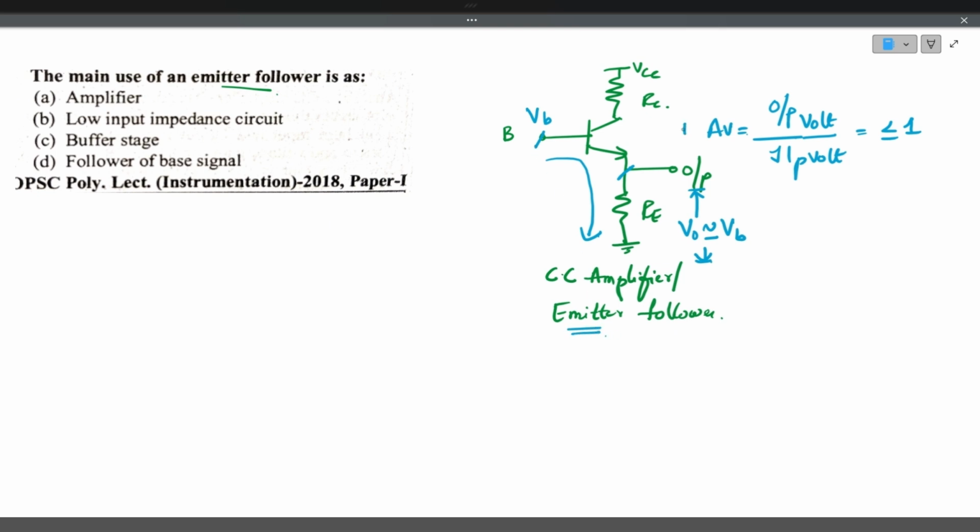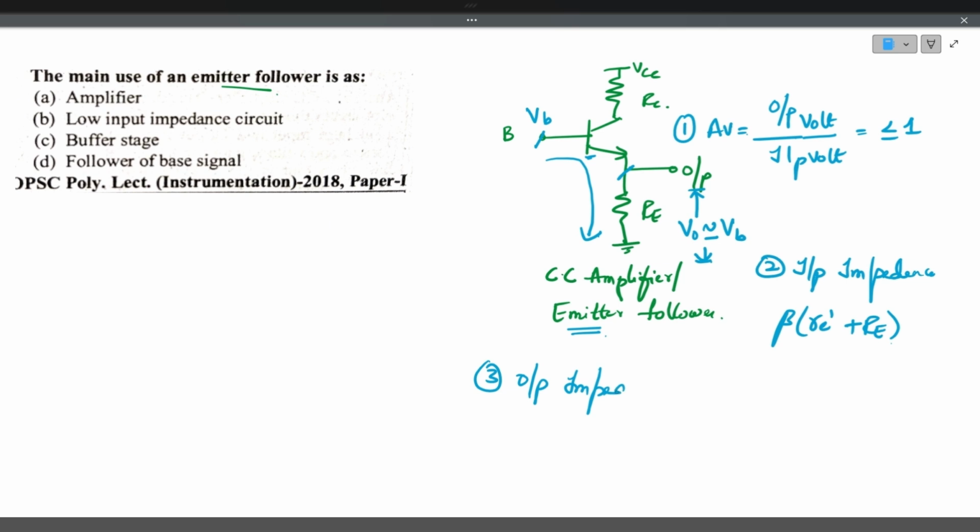If you see the input impedance, this is the first point, it is equal to beta into (re dash plus capital Re). Re dash is the emitter model resistance, a small resistance. This is a very high resistance. Similarly, the output impedance is small re dash in parallel with capital Re, so it is approximately equal to small re dash, whose value is very, very small.